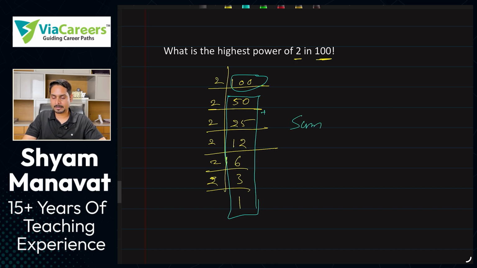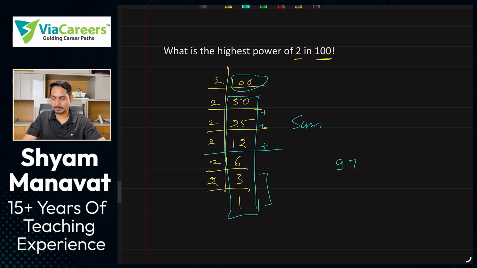So 50, 25, 75 plus 12, 87, 87 plus 6, 93, 93 plus 4 is 97.